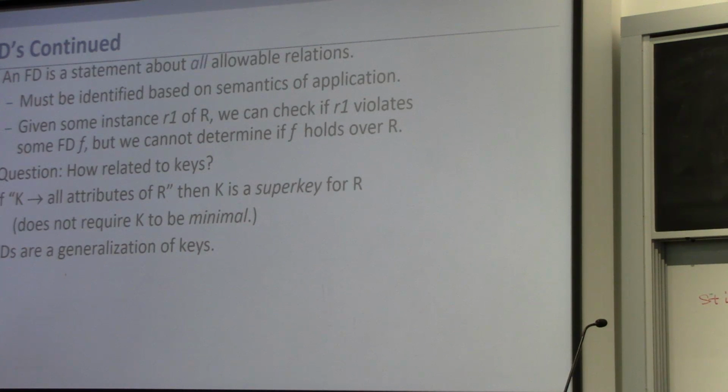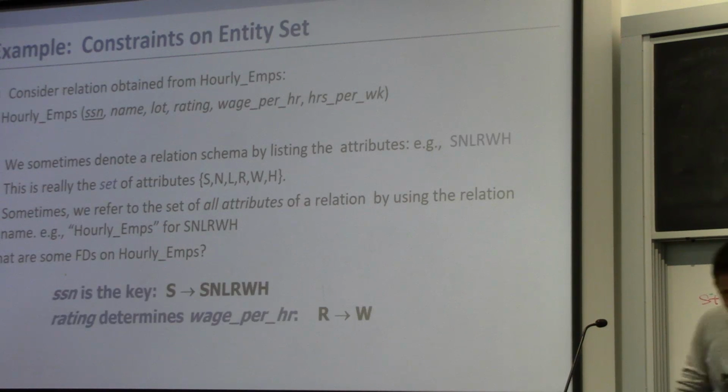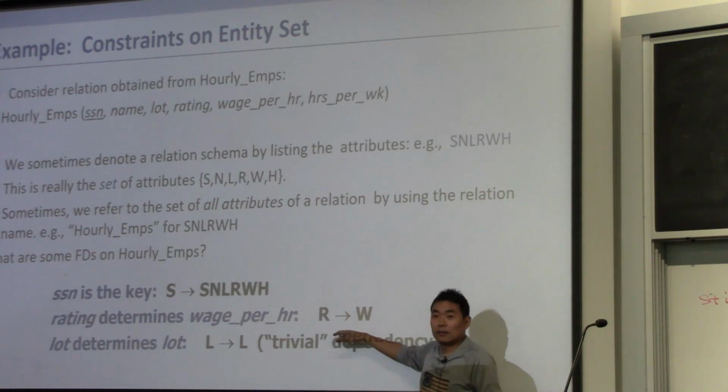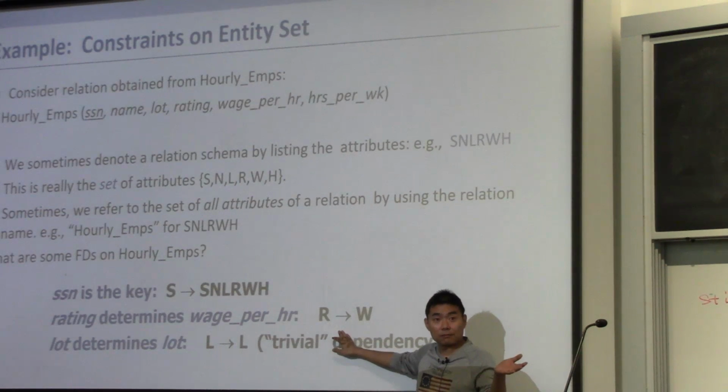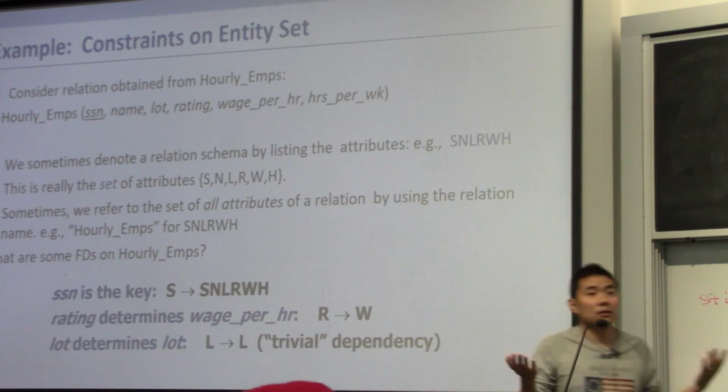And in particular, functional dependency is a generalization of keys. For example, this R determine W. R is not a key, but R at least determines W. Why is R not a key, by the way?